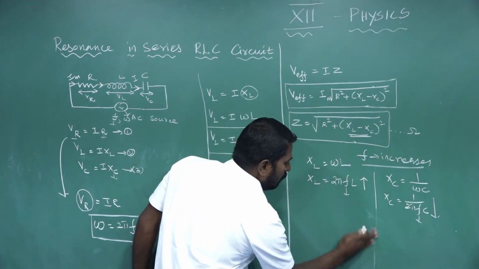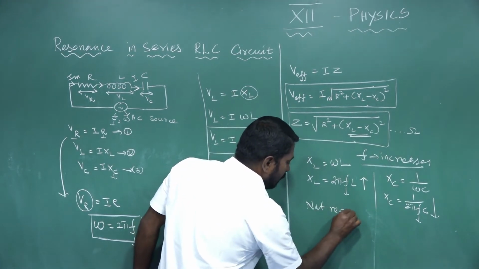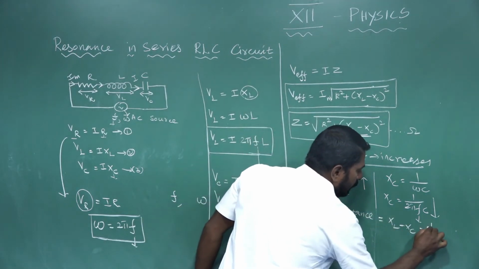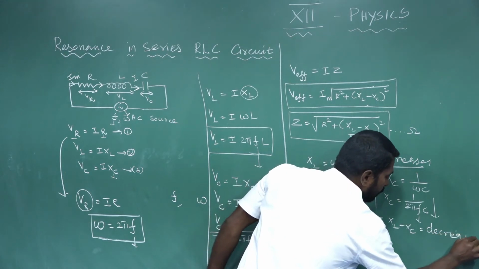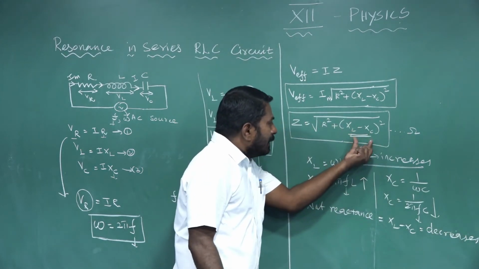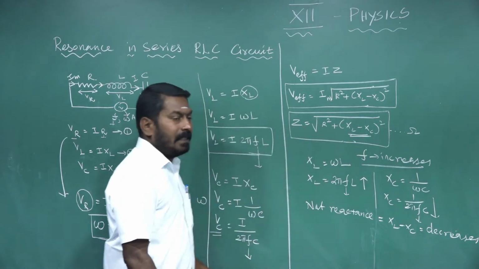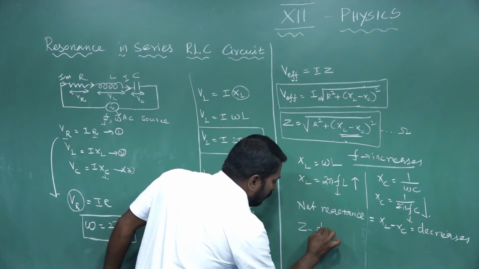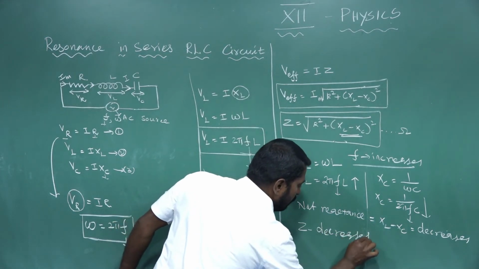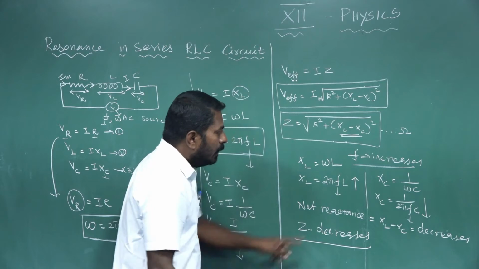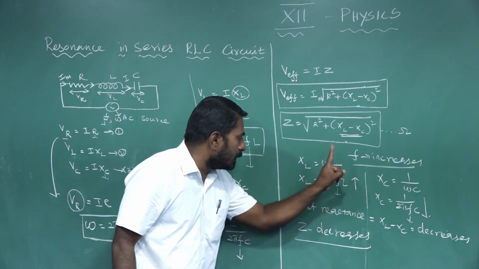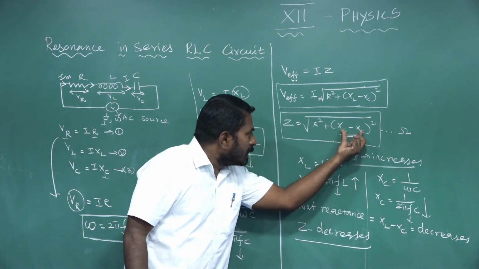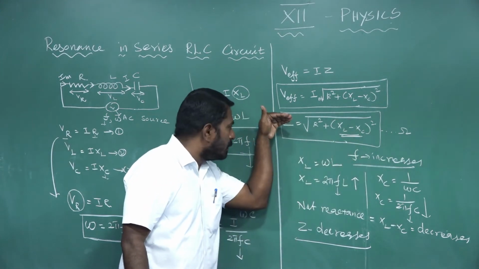So the net reactance, which is equal to XL minus XC, decreases. When net reactance decreases, automatically the impedance of the series RLC circuit also decreases. So the Z value decreases.